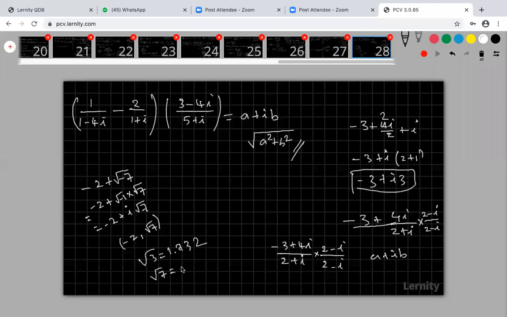If it is 2.6, you have to plot that 2.6, that's all. So my root 7 may be approximately 2.6. So therefore this is minus 2 comma 2.6.